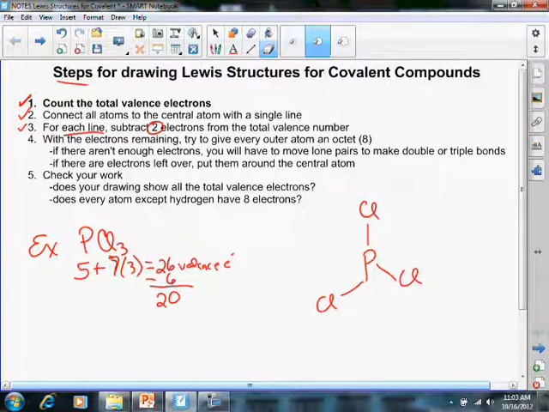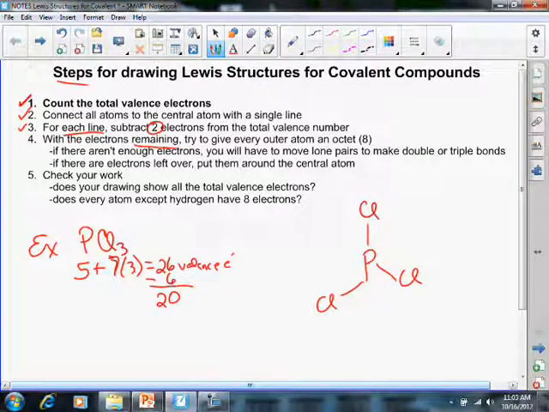So the next step, it says, is with the electrons remaining, so that's with these 20 electrons, try to give every outer atom, that's all the atoms that aren't central atoms, so that's going to be this chlorine, and this chlorine. It says with the remaining 20 electrons, try to give each atom an octet, which means make it be surrounded by 8 electrons. So out of those 20, I'm going to give this chlorine here 6 dots.